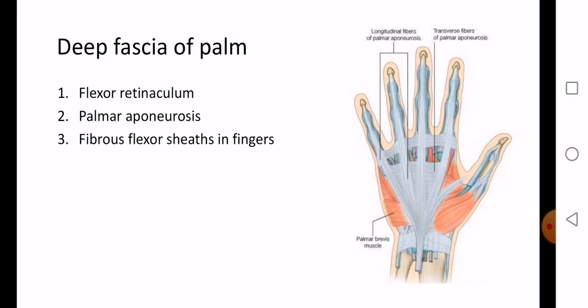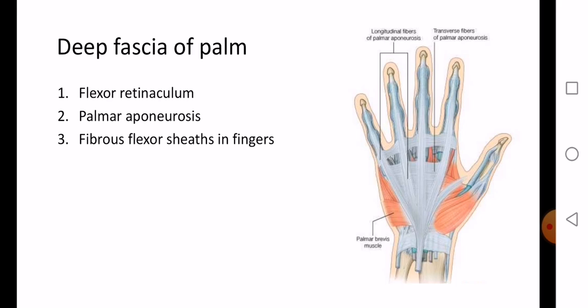First is the flexor retinaculum. Next, you have the palmar aponeurosis. And thirdly, the fibrous flexor sheaths in the fingers. So, three modifications of the deep fascia of the palm that you should be aware of are the flexor retinaculum, the palmar aponeurosis, and the fibrous flexor sheaths in the fingers.